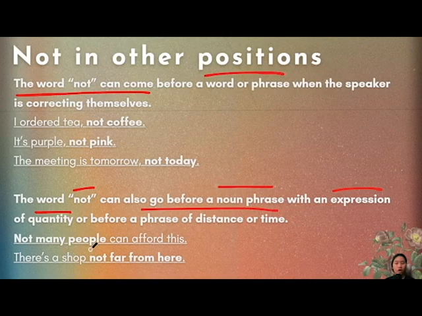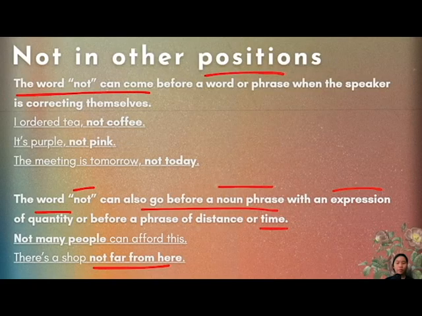There's a shop not far from here. This is a phrase of distance. Time could be expressed as: the shop opens not long ago, or the swimming pool closed off a while ago, right? That's an expression of time.